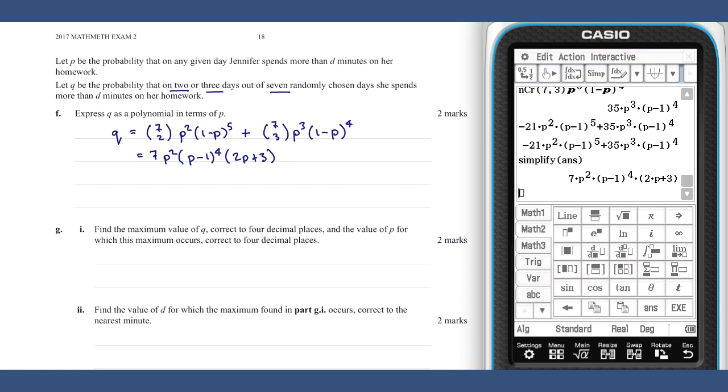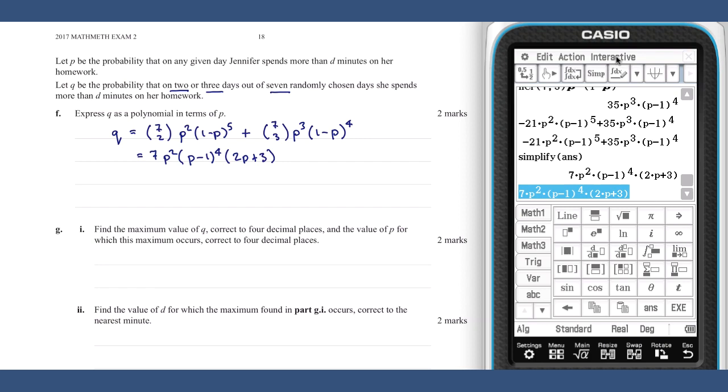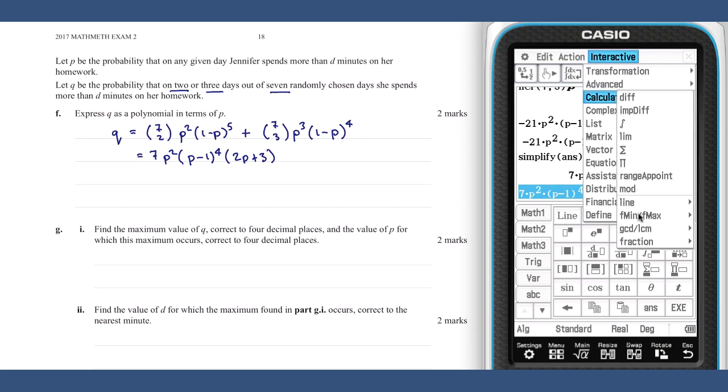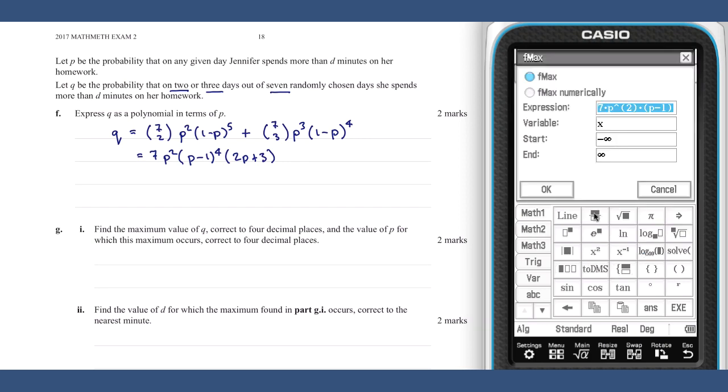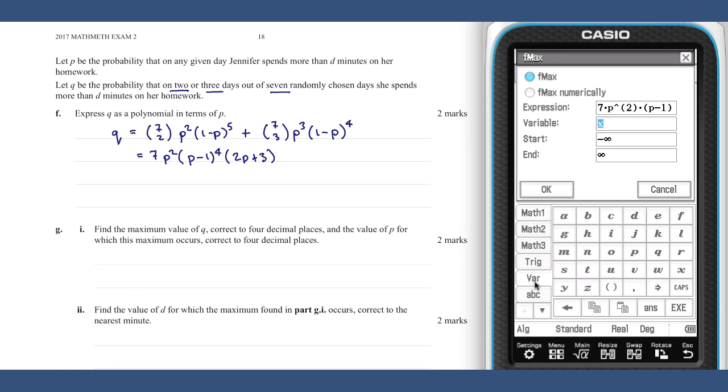G part 1. To find the maximum value of Q, we can use the fmax command. As the variable is p, and p is a probability, we need to set the start and end values to be 0 to 1.